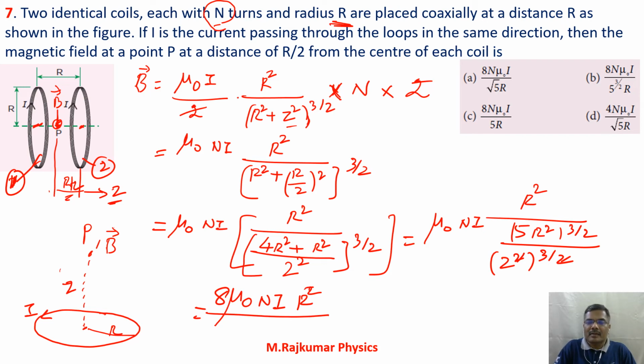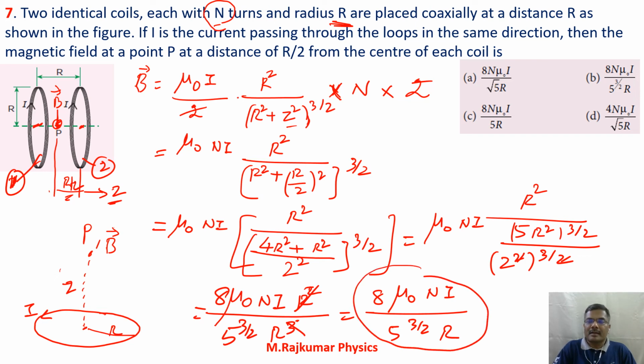The 5 becomes 5 power 3 by 2, and r square power 3 by 2 becomes r cube, so r square and r cube cancel to leave r. This is going to be equal to 8 mu naught n I divided by 5 power 3 by 2 r. This is the final answer, so B is your answer. This is how you have to solve this particular problem.